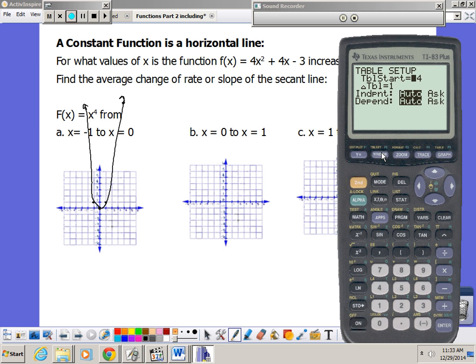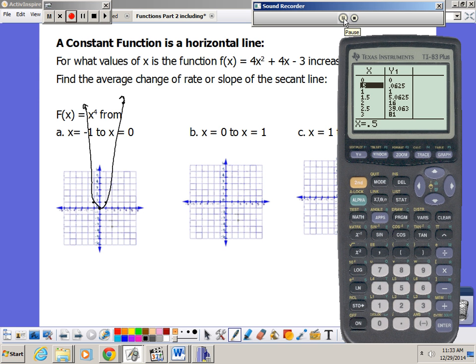Let's take a look by changing the window, starting at 0 and going by 0.5, to see if there's any change in that. And as you can see, there really isn't.